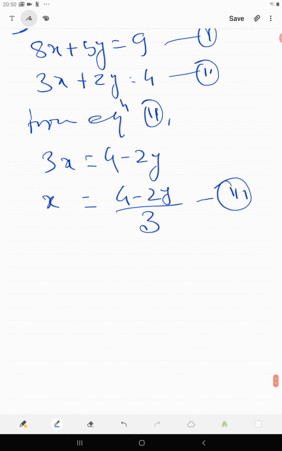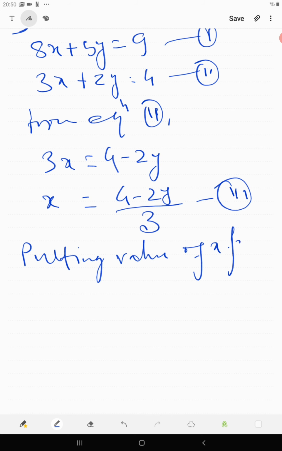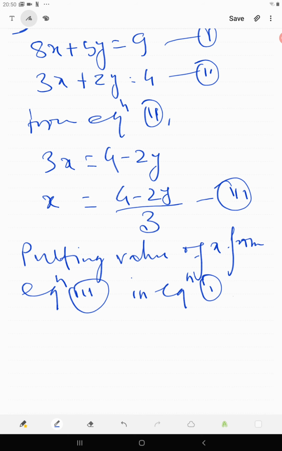Now put this x in equation 1, putting the value of x from equation 3 in equation 1. What will happen? 8 into x we are putting, right? So x is 4 minus 2y by 3, correct?